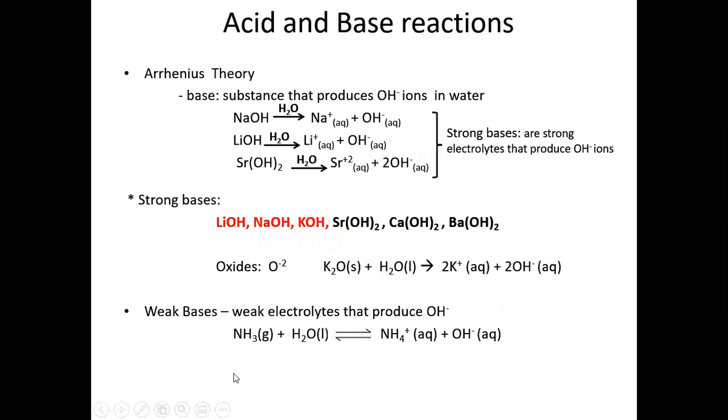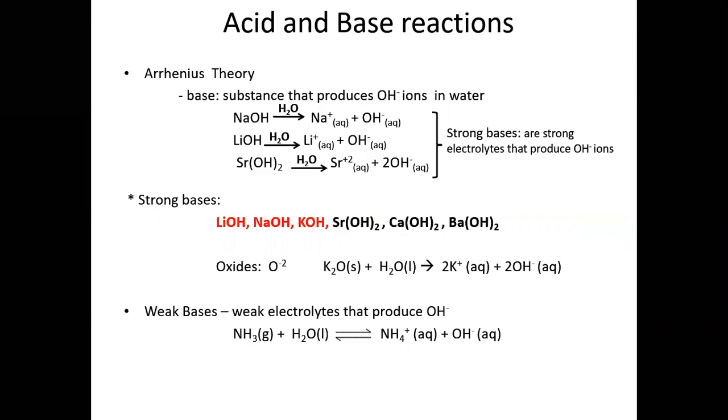Now for bases, these are going to be your soluble hydroxide compounds. If you remember when we talked about solubility rules, we mentioned a few of them, and one of them was hydroxides, and we said that soluble hydroxides are group 1, ammonium, and heavier group 2 hydroxides.